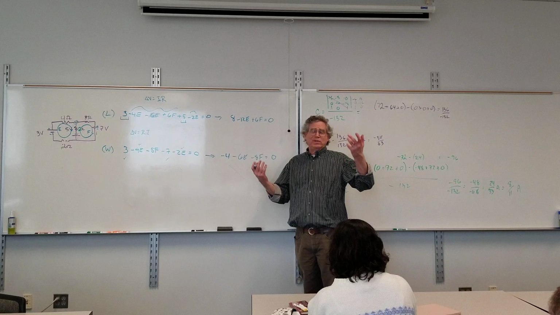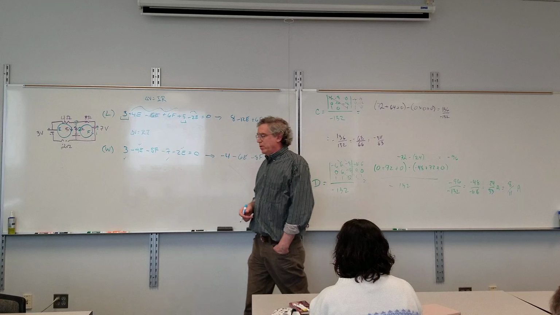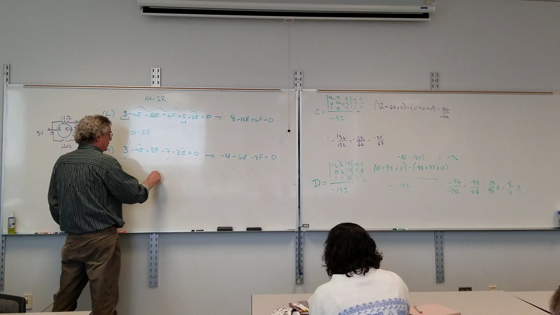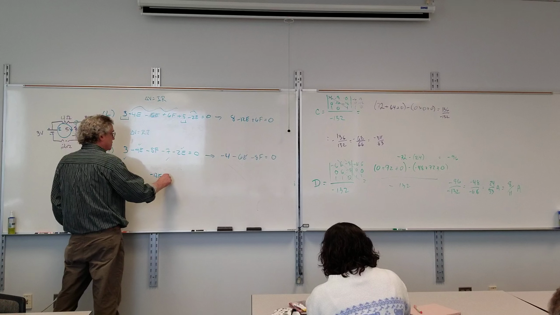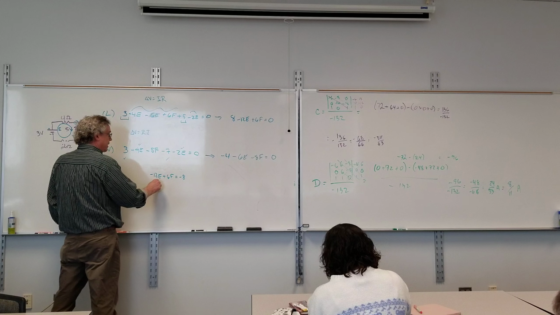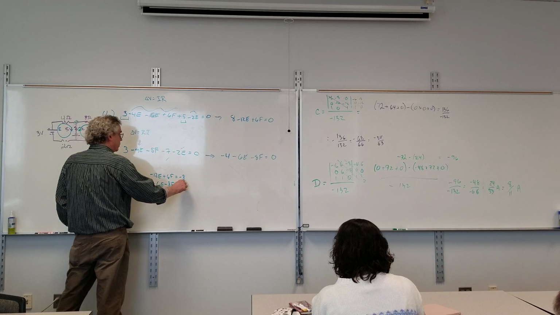And now it comes down to what technique do you want to use? I have 2 equations, 2 unknowns. If I want to use Cramer's rule, I need to set it up, so I'd have -12E plus 6F equals -8, and -6E minus 8F equals 4.